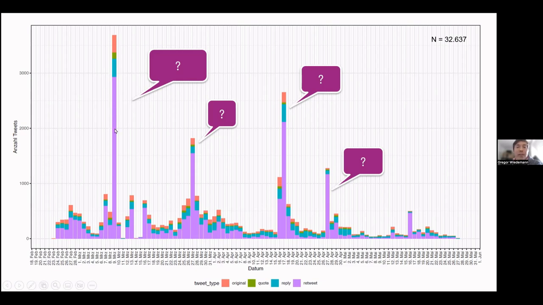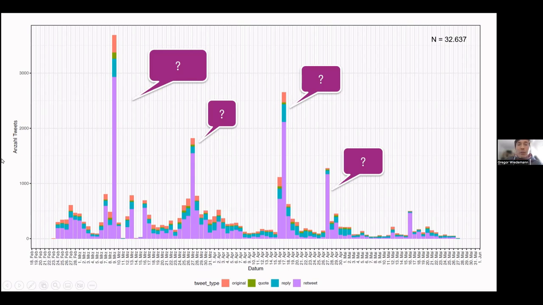And we also see that the number of retweets is very high. So the retweets make up more than 50% of this entire data set. So this biolabs conspiracy is actually proliferated a lot over the network, and not so much initiated again and again by new original tweets, but retweets make up a lot of the amount here.